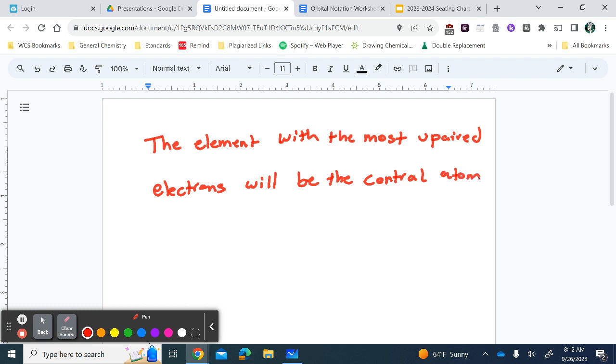And we'll get into that a lot more in a second. A central atom is just, this should say unpaired.